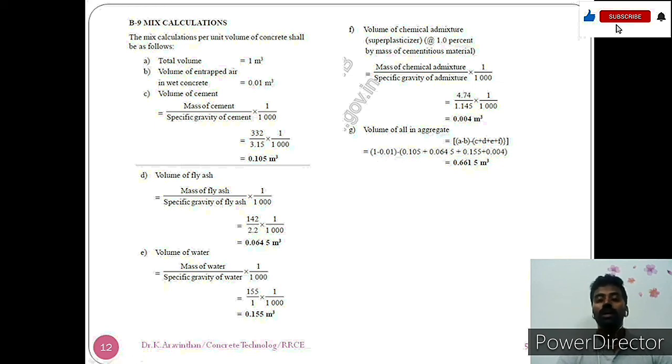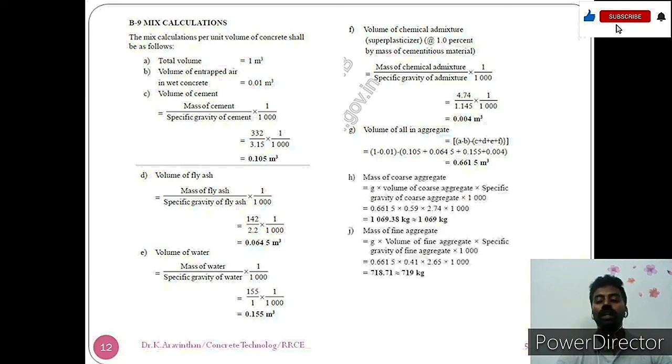If we are reducing all the remaining components, we will be getting the aggregate volume. So these are the ingredients apart from the aggregate. So the remaining ingredient is 0.6615 meter cube. So this value should be split according to the ratio of fine and coarse aggregate.